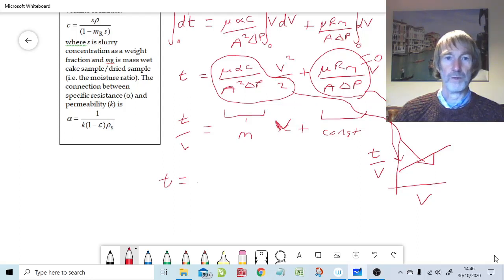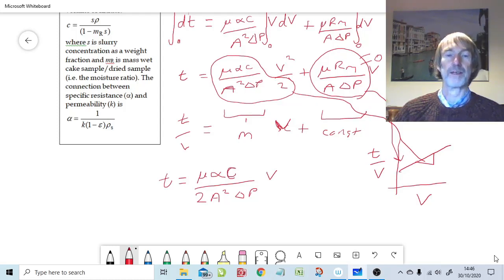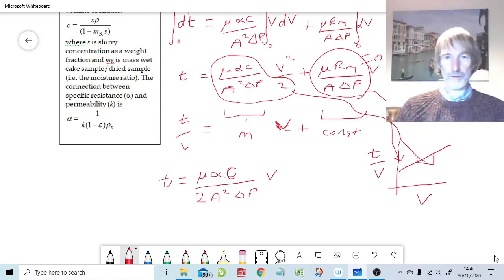So the equation we need is just the pressure drop over the cake, which is this. I'll bring the 2 to the front, to A squared delta P, and then V, and that is a little c, it's not a big C. Little c is dry cake mass per unit volume of filtrate, not the volume concentration.